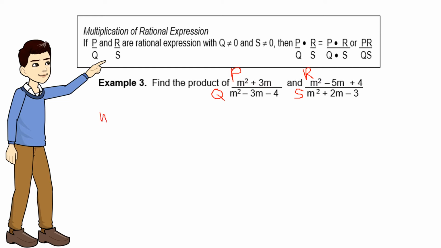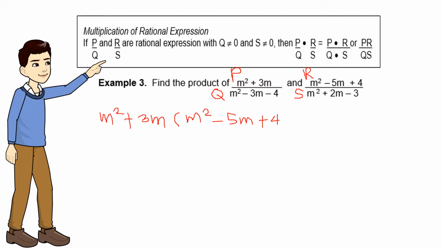Okay, we have m squared plus 3m. Multiply natin sa ating r na m squared. So, dito, nag-proceed na tayo sa ating step-by-step procedure.